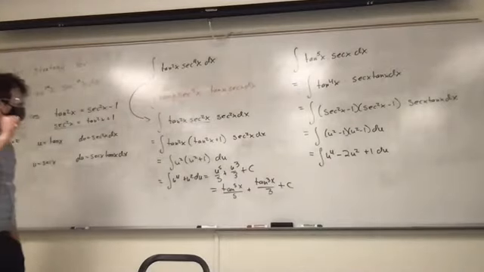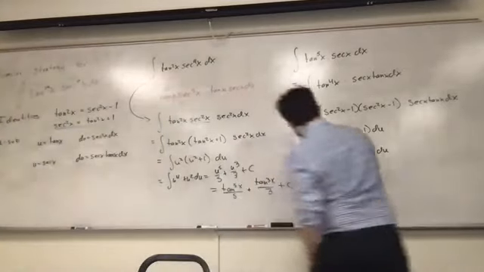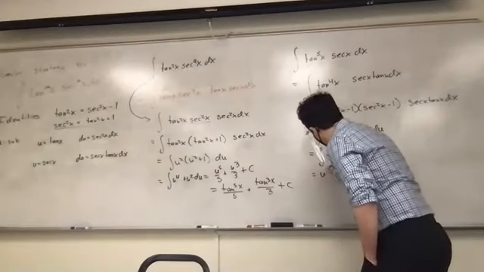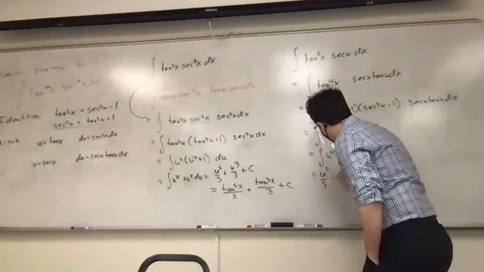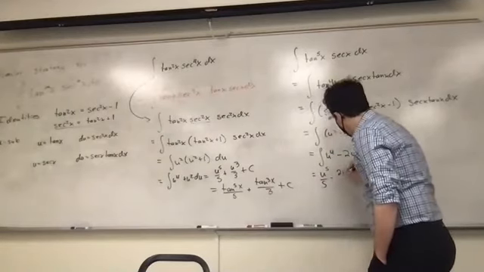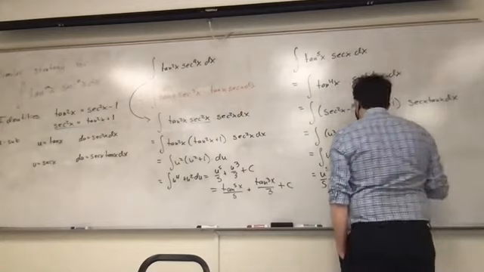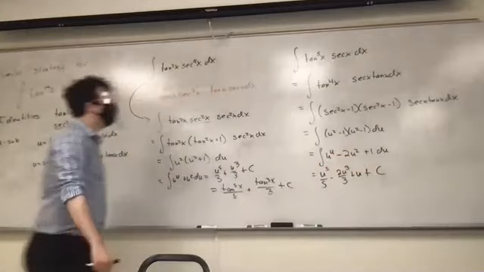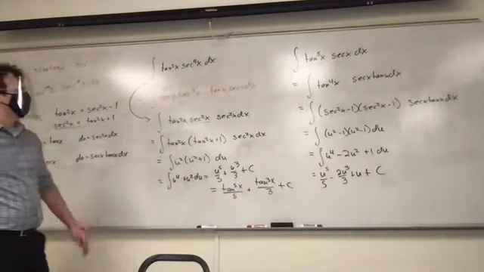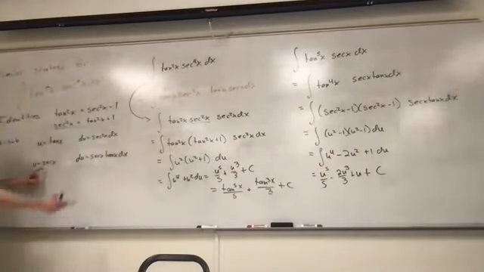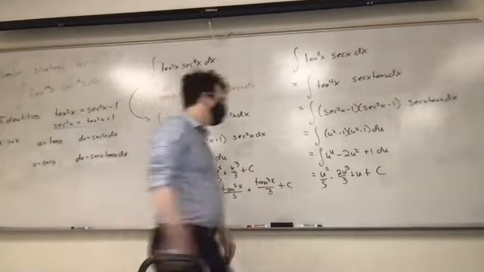And now power rule, u to the 5th over 5 minus 2u cubed over 3 plus u. And then we had secant tangent, we did secant, that was our u. So now this becomes a big polynomial with only secants in it.